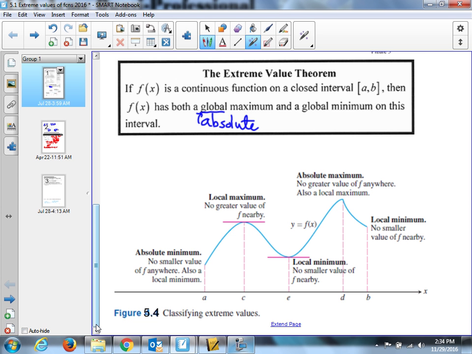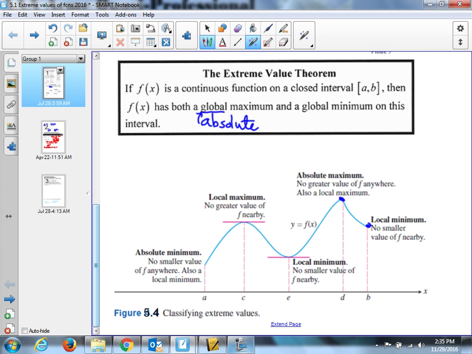So what you do then, steps 2 and 3, is evaluate the function at the critical numbers and the endpoints, because the endpoint might be the smallest value, which in this case it is, right? And the endpoint here is not the largest, but could have been.